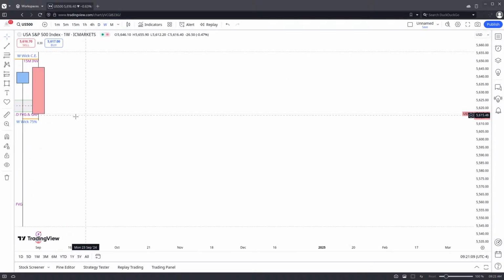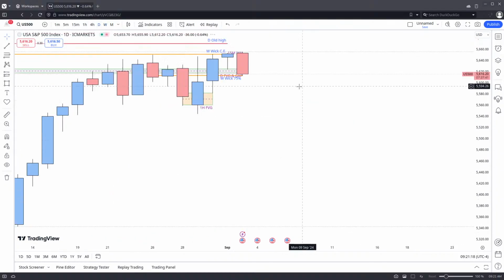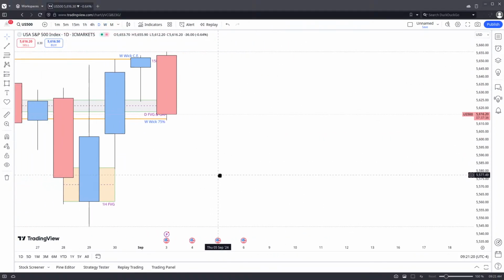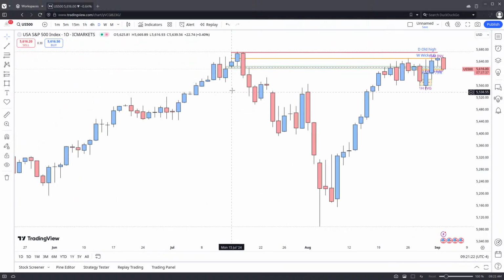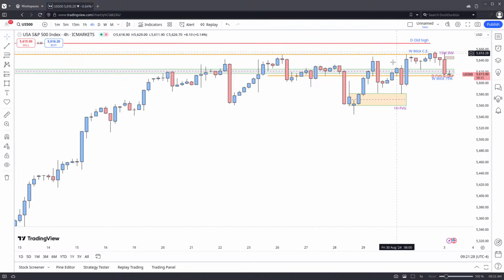Looking on a weekly, there's that wick. Pull the Fib on it. I'm looking at the upper quadrant, 75%. Still looking at this daily gap and fair value gap right there, overlapping. We did trade this consequent encroachment of this daily wick. I'm still looking for us to drop into this daily old high.